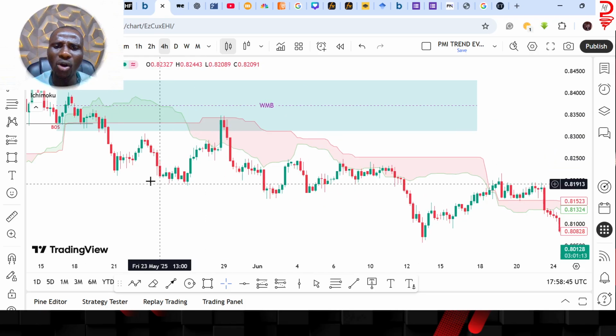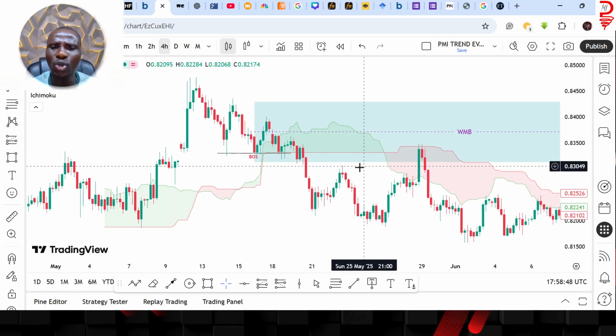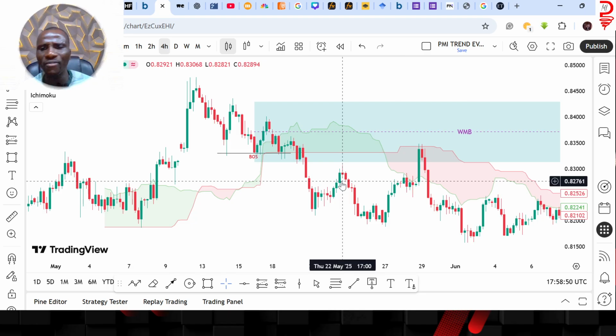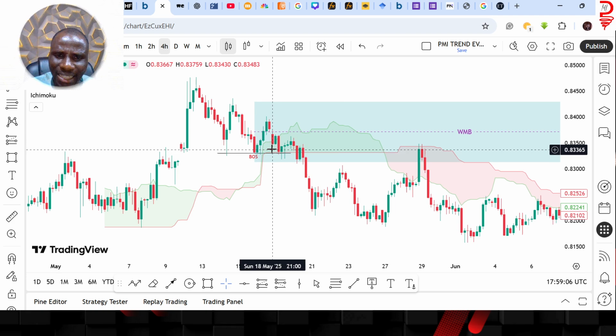Now, on the 4 hours, you are to look out for an area of emphasis. That's the first thing you want to look out for. And what is an area of emphasis? An area of emphasis is the last candle of the origin that created a break of structure within the money box. You notice that there was a break of structure here.